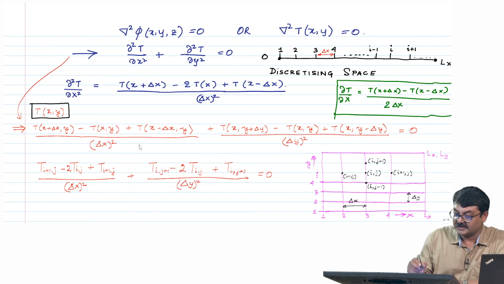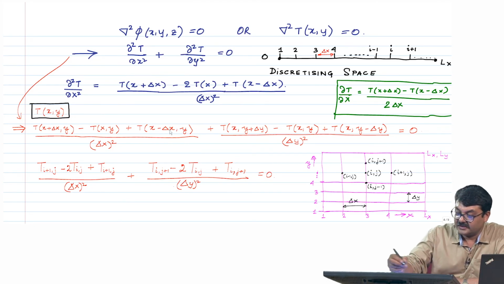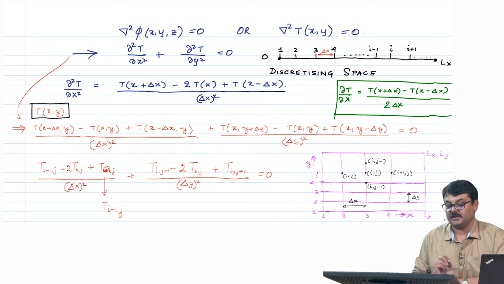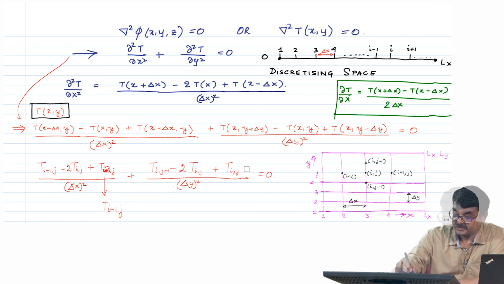So, this term can be written like this, where x plus delta x has been written as i plus 1, y remains fixed, so j remains fixed, and x, y corresponds to i, j. For x minus delta x, there is an error here, so this is T i minus 1, j, and similarly this should be j minus 1.